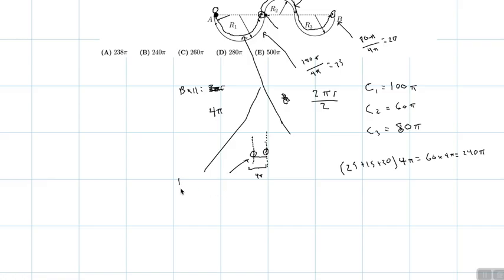So let's call it R1 prime. The radius of R1 prime is actually 98.